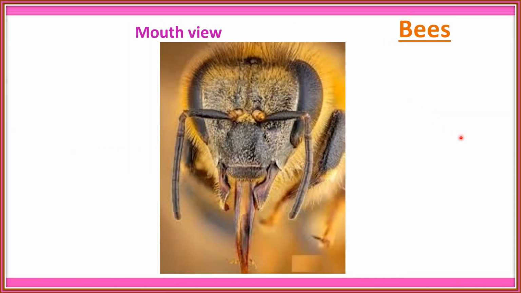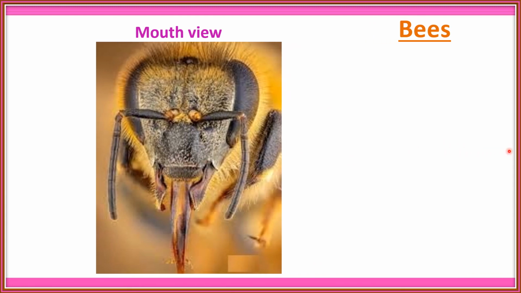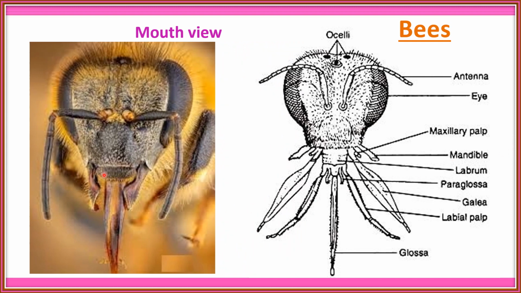Now the mouth part. This is the mouth part, all of it joined together. Now when it opens, what we are seeing is the mouth part put together, covered in the glare, and then on the side here we have the mandibles.